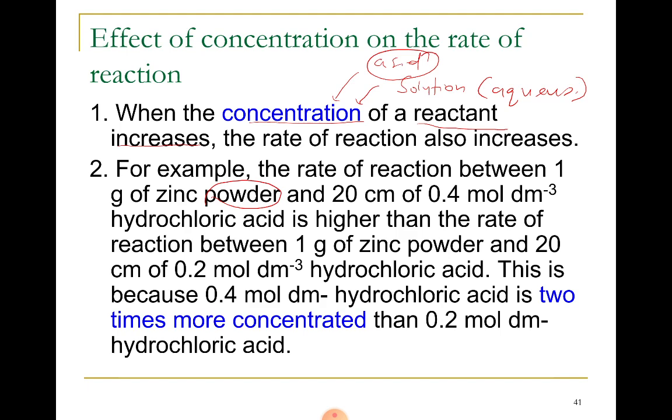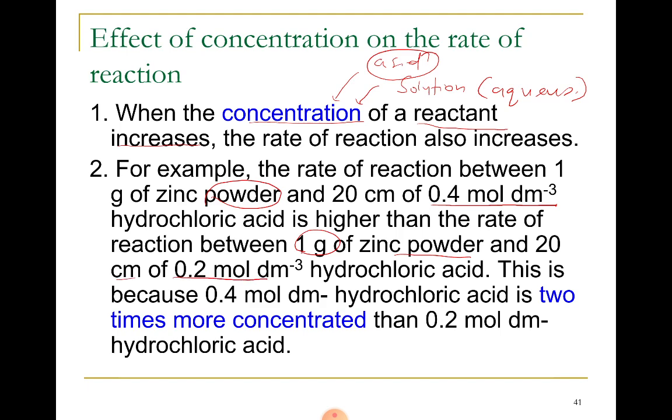Okay, and 20 cm3 of 0.4 mol dm^-3 HCl. So the concentration is 0.4 mol dm^-3. Okay, then compare with the rate of reaction between 1 gram of zinc, masih lagi 1 gram of zinc powder, and 20 cm3 of 0.2 mol dm^-3.